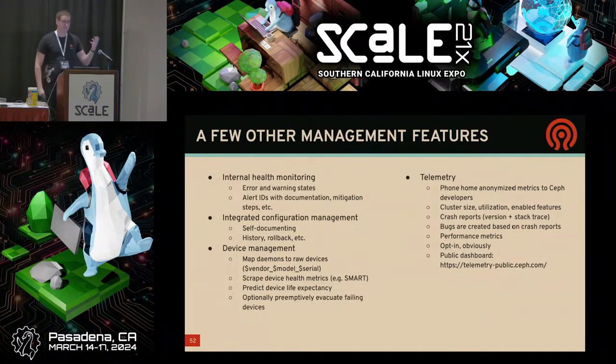We don't do a lot of feature reporting, but at least what interfaces, and the big one is crash reports. If you turn on telemetry and a daemon inside of your cluster crashes, then a report will automatically get generated inside of our tracker. And we scrub those periodically and can correlate them and be like, oh, everyone's seeing this one, what's happening? As opposed to, that's your hard drive. Your hard drive's bad. Fix your hard drive.